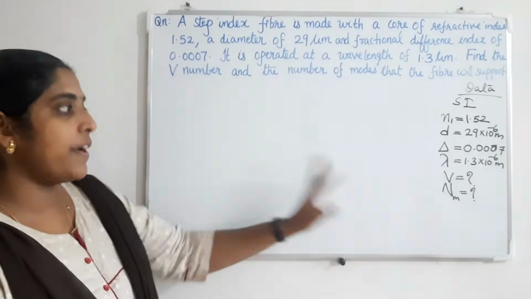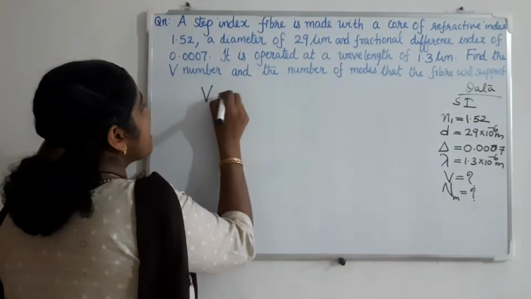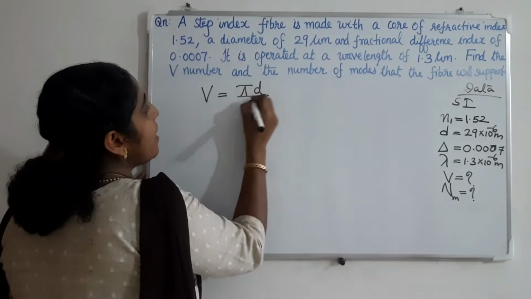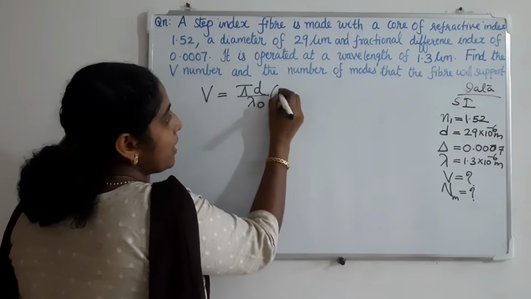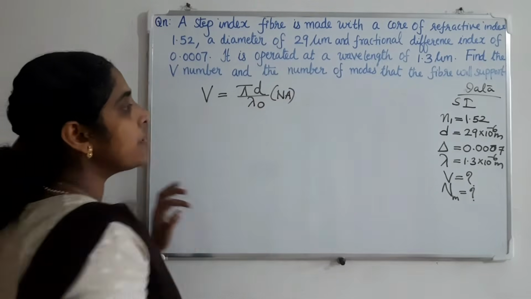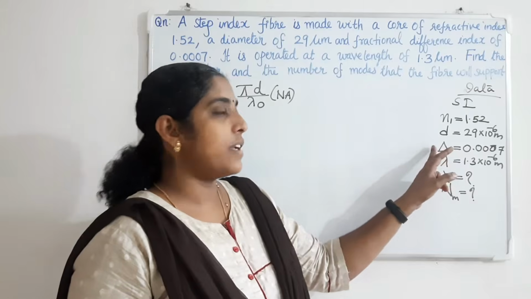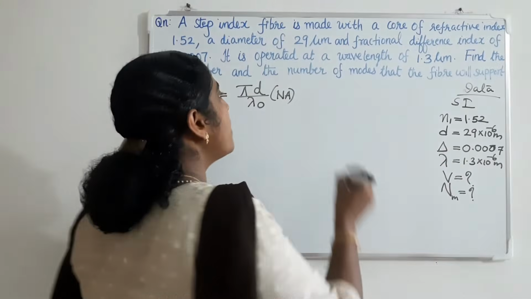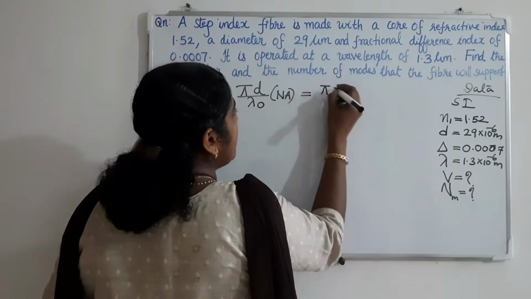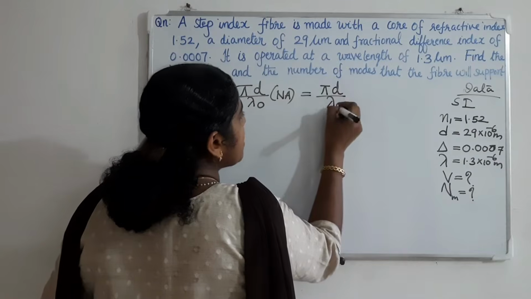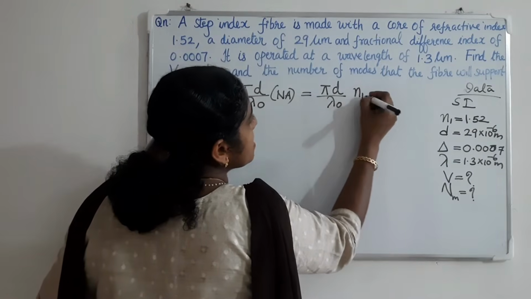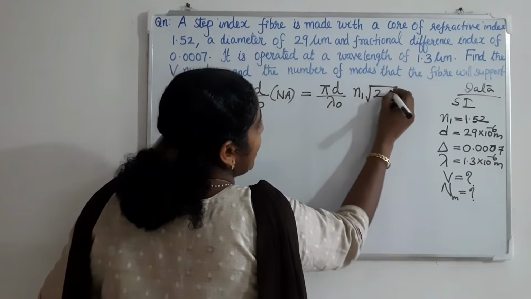So we can find out the V number using the expression pi d by lambda 0 into numerical aperture. Here to find out the numerical aperture, the fractional index change is given. So we can write this V number as pi d by lambda 0 into numerical aperture is n1 into root of 2 delta.